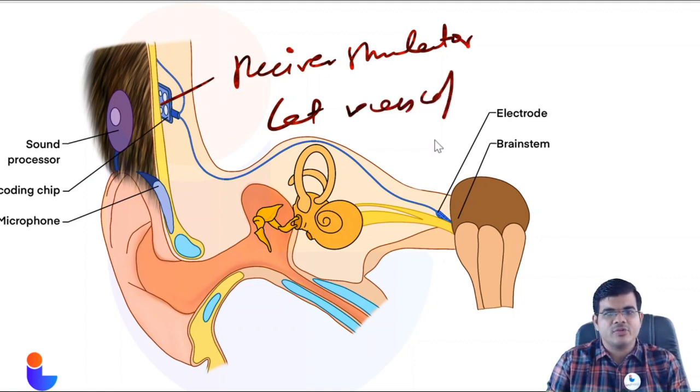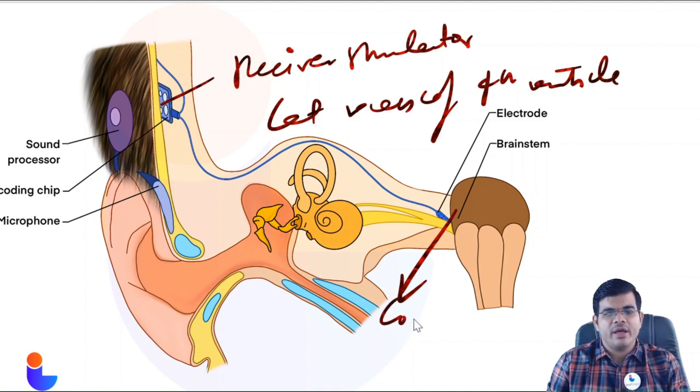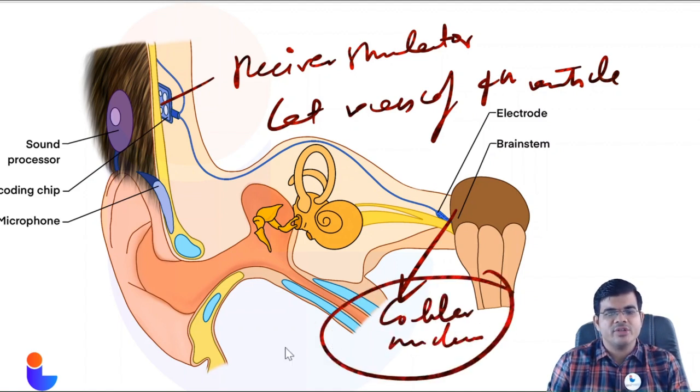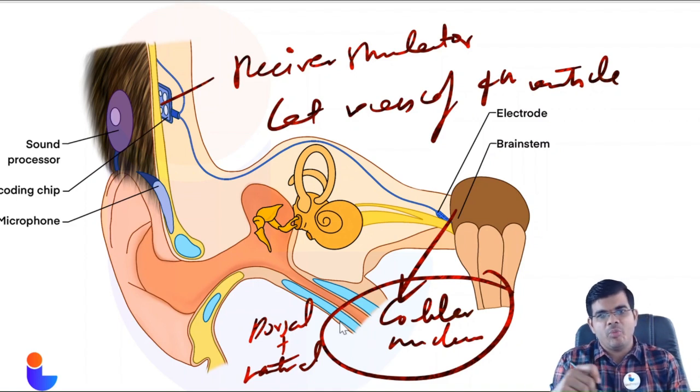It directly stimulates the cochlear nucleus. There are two parts, the dorsal and the ventral cochlear nucleus, and they are stimulated directly by the auditory brainstem implant. They are located in the lateral recess of the fourth ventricle.